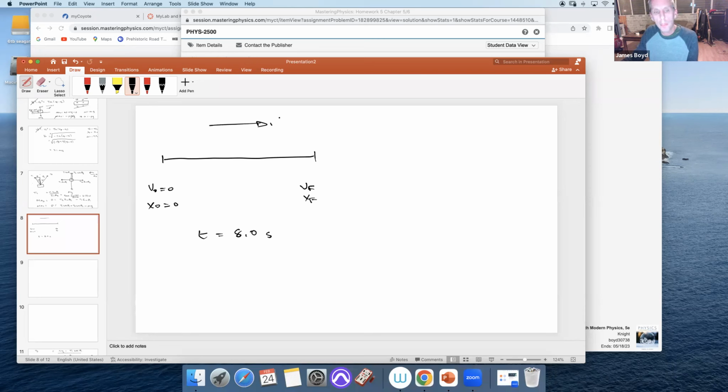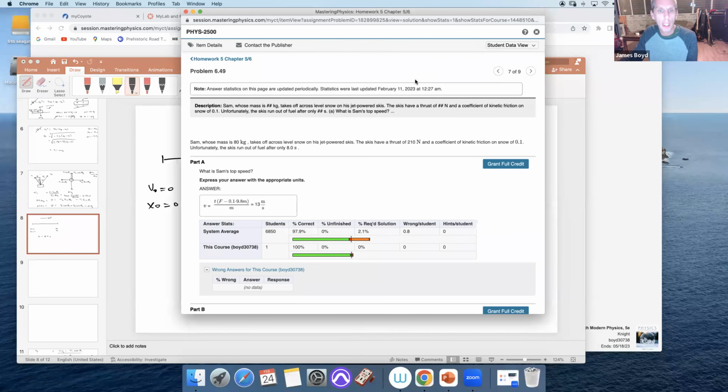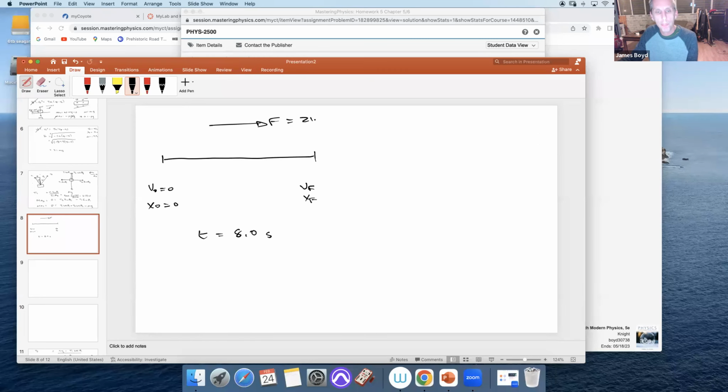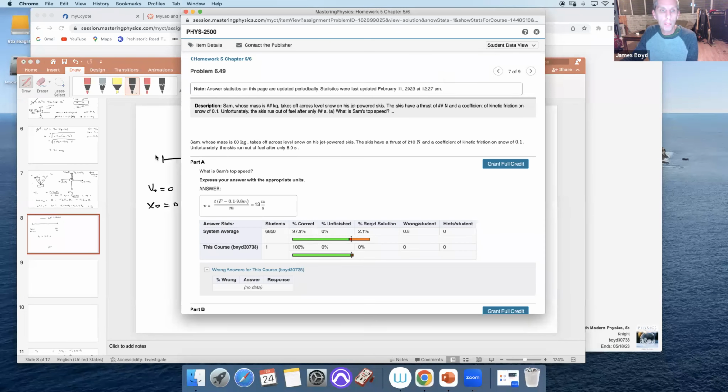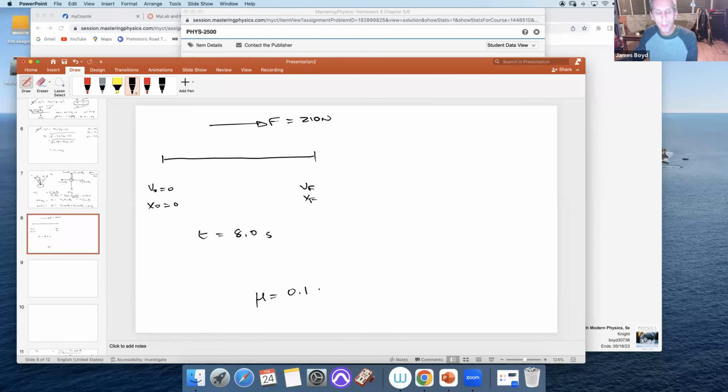And that whole time, he's going to have a thrust force of 210 newtons. Now, there is friction the whole time with a coefficient of 0.1. And once we find V final, I believe she's going to come to rest, but we'll deal with that in a minute. For now, we need to figure out what is her acceleration.